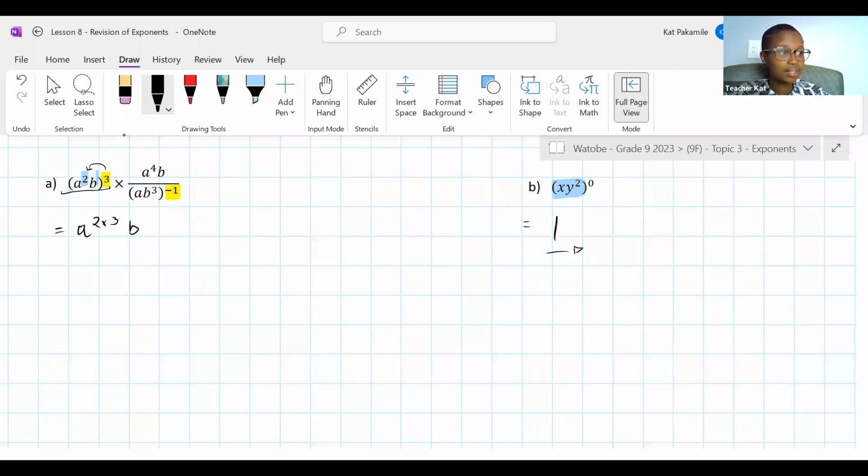And the answer of the exponent is B to the power of 6. Chichi, on the B there's nothing right now. Do you agree? Yes, ma'am. Let's take away the highlights. There we go. Right now on B, there is no exponent.